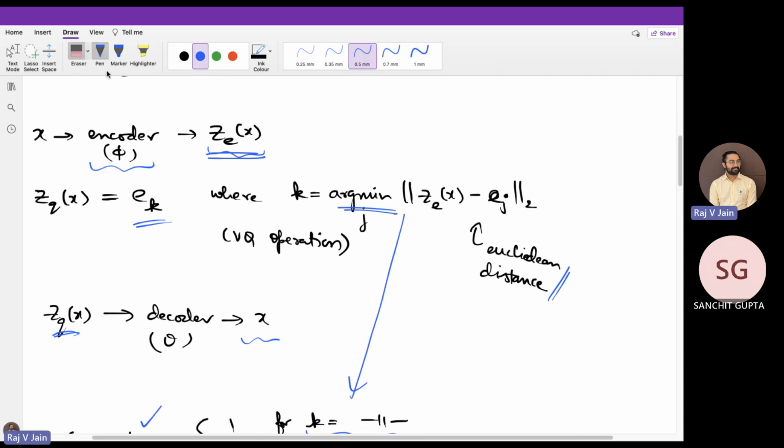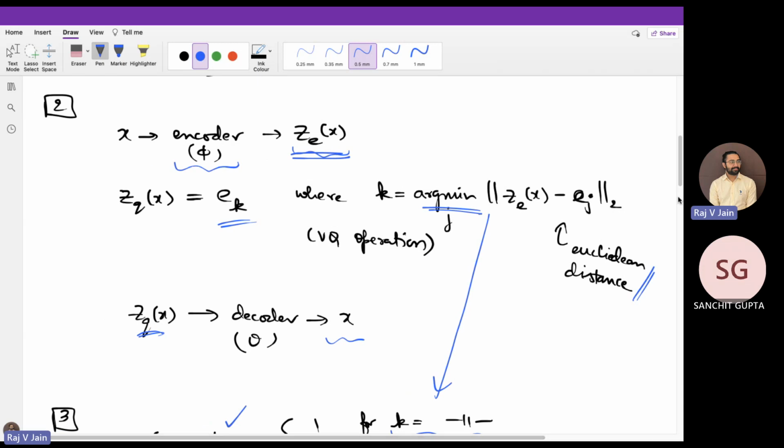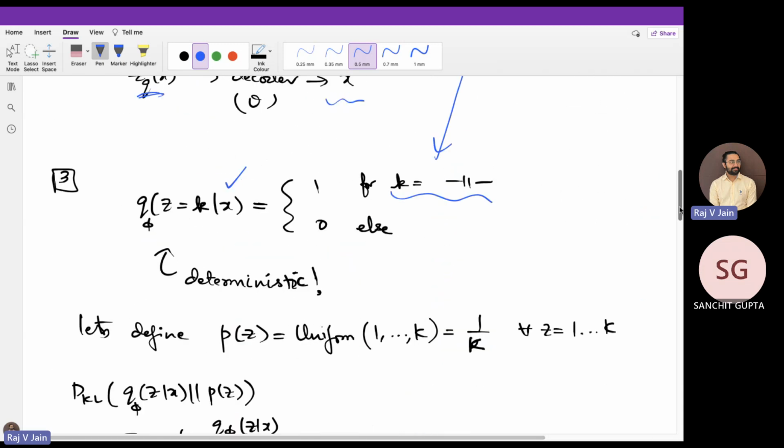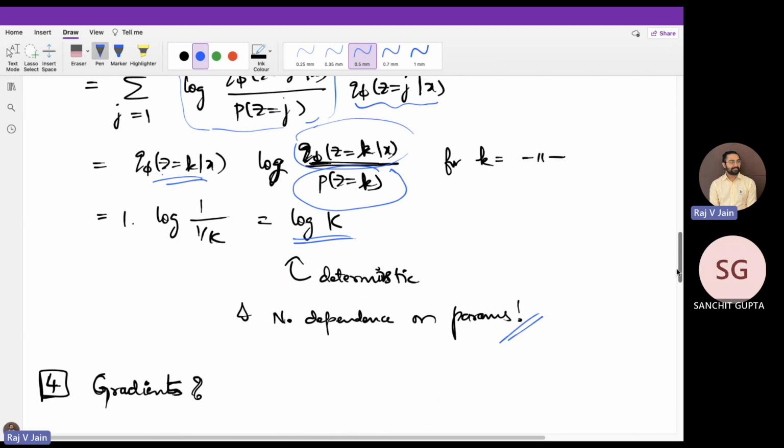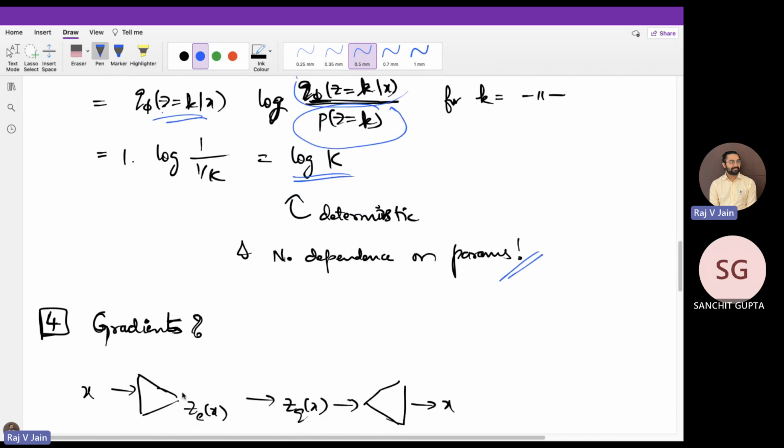For this sort of issue, there is something called subgradients that exists. But what the authors have done is a very sly approach. This is the flow: X gives ZE of X, which gets transformed through the minimization operation to ZQ of X. The ZQ of X passed through your decoder gives you X. Now, ZE of X and ZQ of X are in the same dimension space at the end of the day.